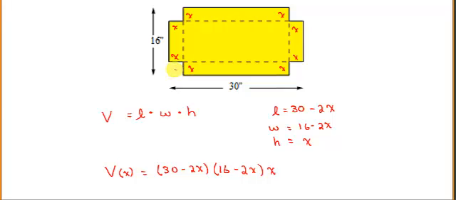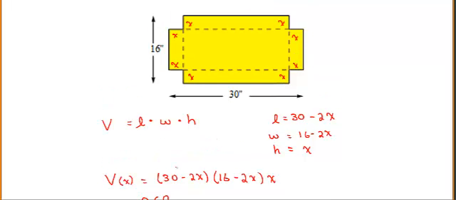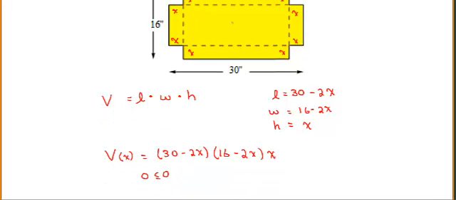And the thing is, let's take a look at x. Certainly, x can't be any smaller than 0. If x were 0, we're not cutting any squares out of the corners. So x is going to have to be greater than or equal to 0. And now if x were 8, then I'd be using up all 16 inches here with the flaps, and so the box would have no width to it.